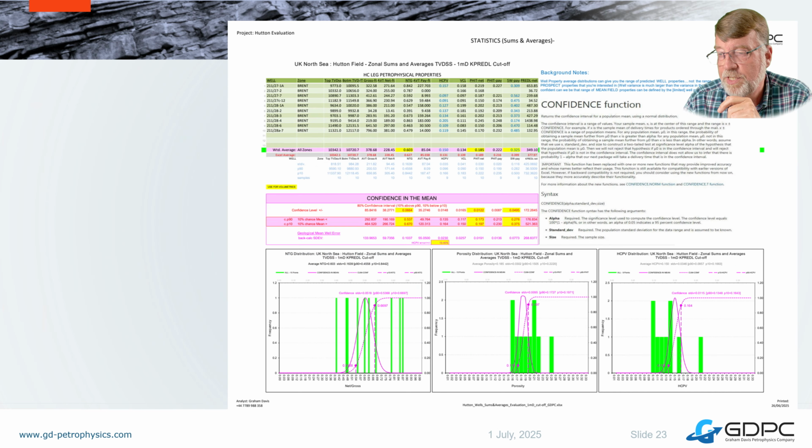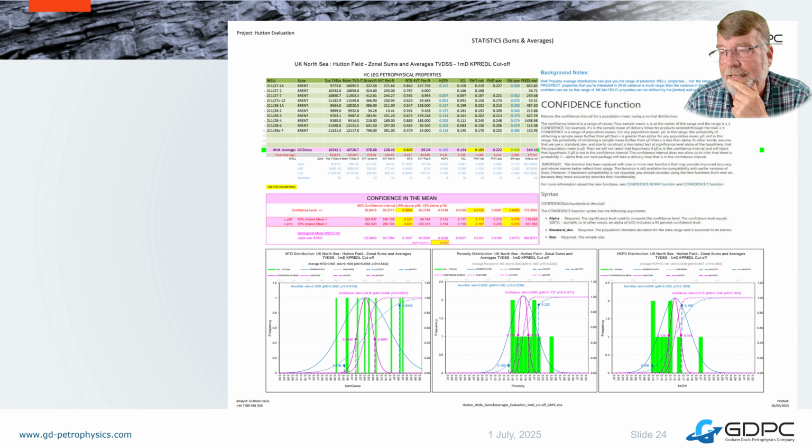But basically what we're saying is that we're going to take this data set and I'm going to put both distributions on. So this is the distribution of the wells, and this should be the distribution of our expected population means, if you like, the average properties for the field as a whole.